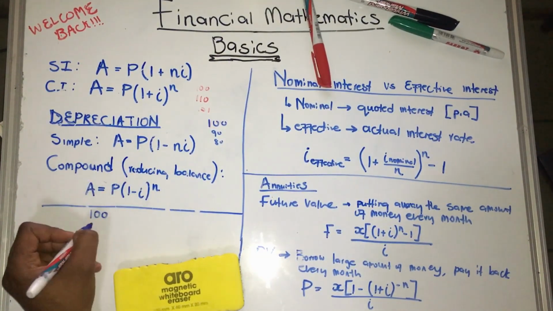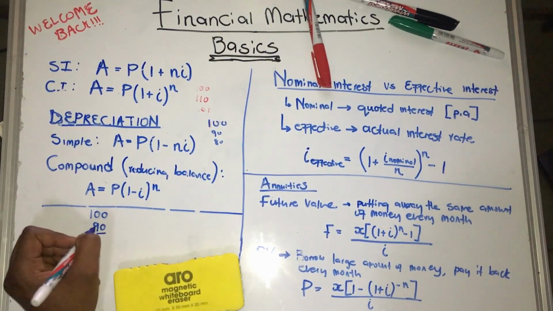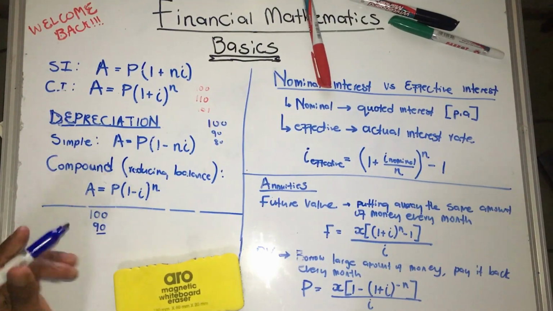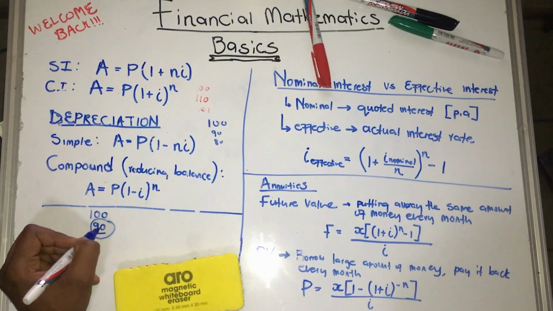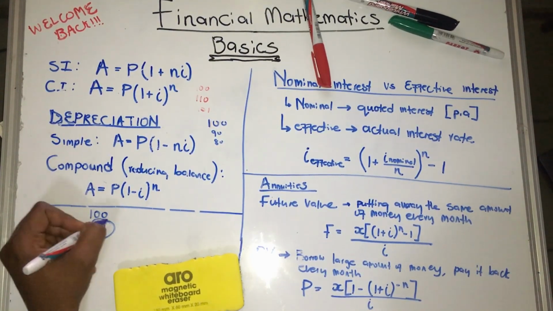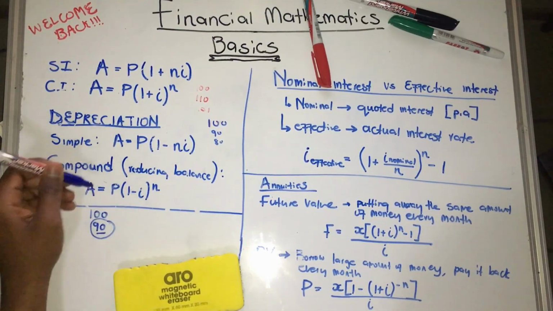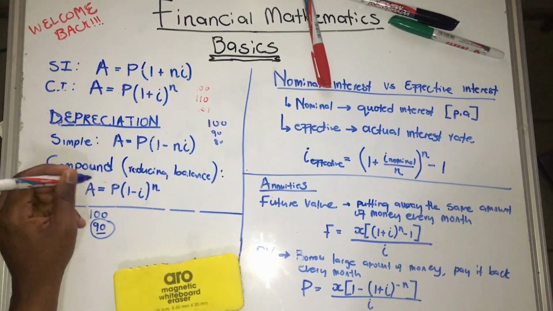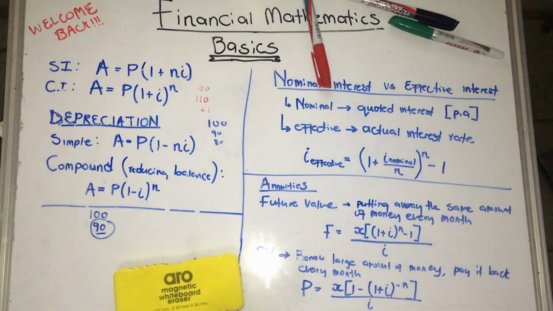Let's just work on 10%. So at the end of year 1, you're left with 90 rands. So at the end of year 2, you're losing 10% of the remaining 90 rands, not of the initial amount, of the remaining 90 rands. You see, so going further and further, the interest is based on the outstanding amount, or the balance at that time.